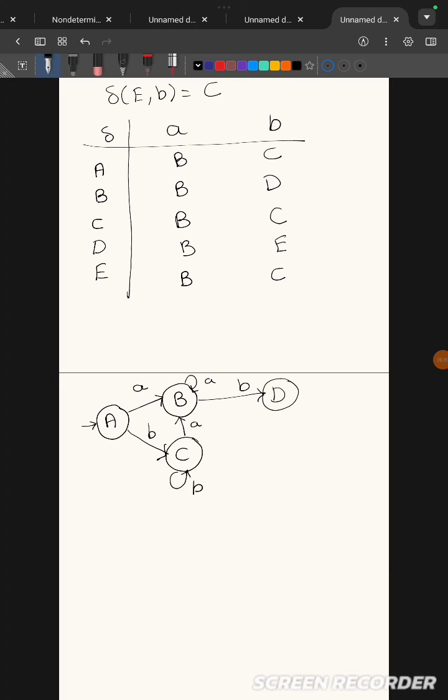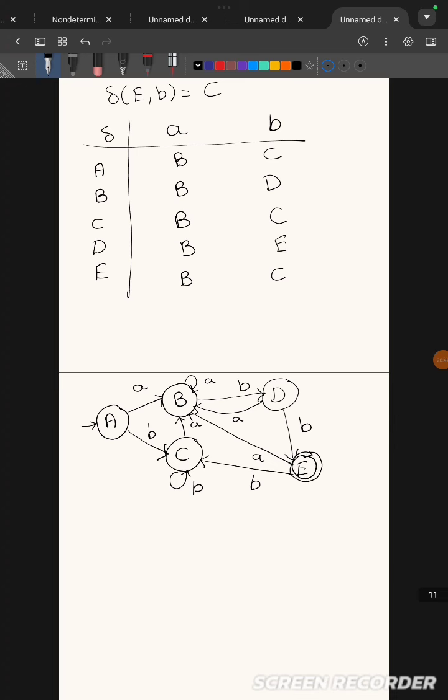D goes back to B on small a, and it goes to E on b. Now E is going back to B on a, and it is going back to C on b. E is the final state, so we will mark it as a final state.